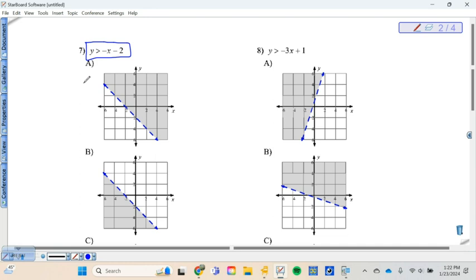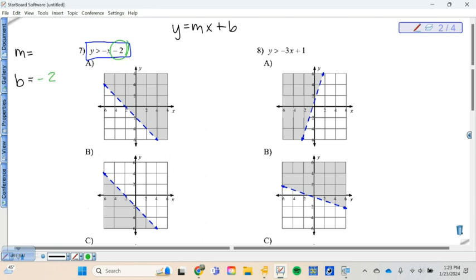What we're going to do is look at this inequality and pull out some information that we know about the graph. So let's start by thinking about y equals mx plus b. Let's figure out our m and our b. What's the b of this inequality? What's the y-intercept? The y-intercept, -2.